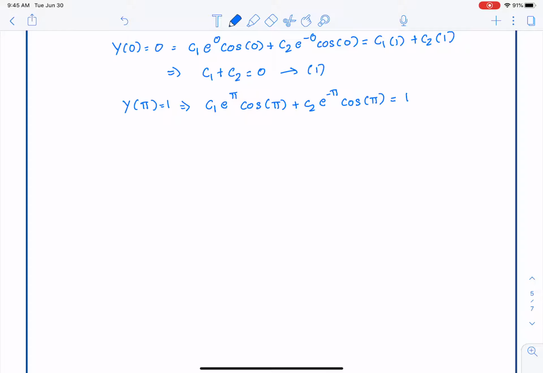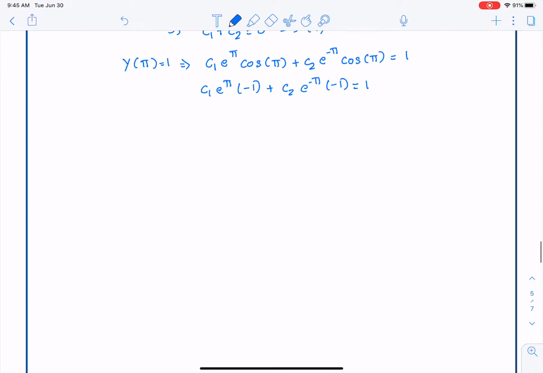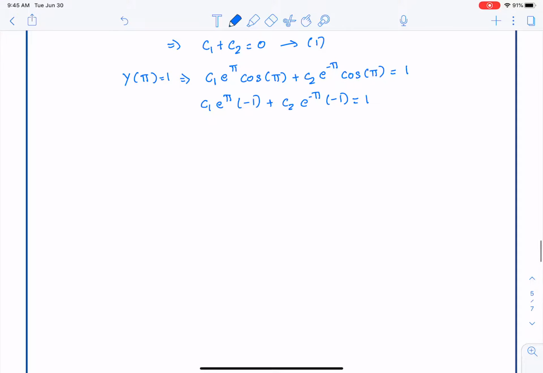We know that cosine of pi is negative 1, so c1 e raised pi times negative 1 plus c2 e raised negative pi times negative 1 equals 1. So negative c1 e raised pi minus c2 e raised negative pi is equal to 1. That would be the second equation.